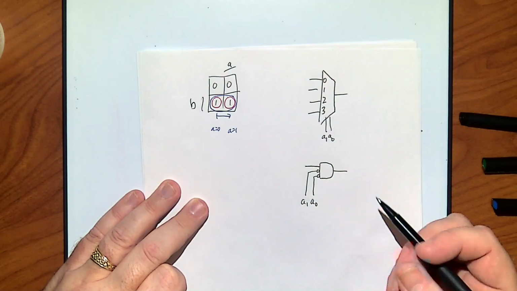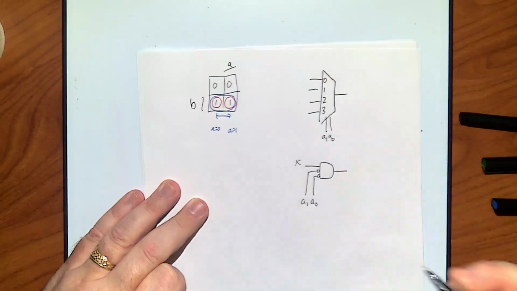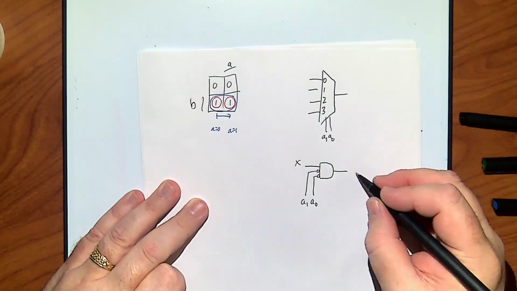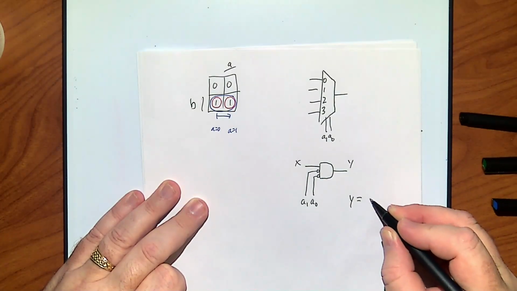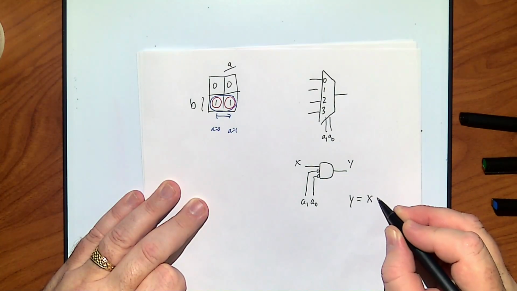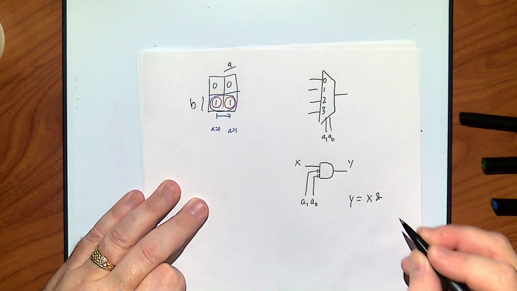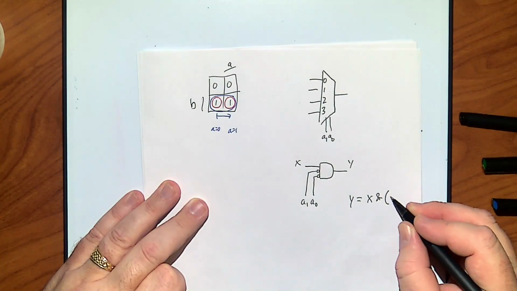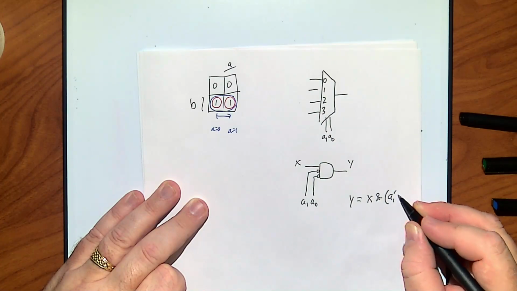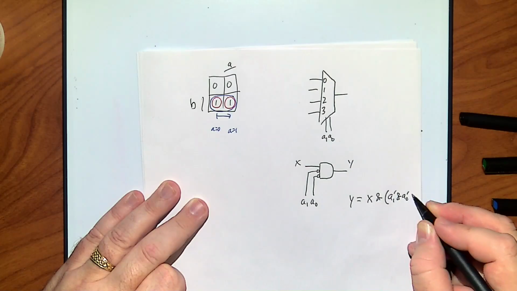Let's just call this X, and call this Y. Then Y is equal to X ANDed with, technically it's another big AND, but I'm just going to separate A1 prime and A0 prime.